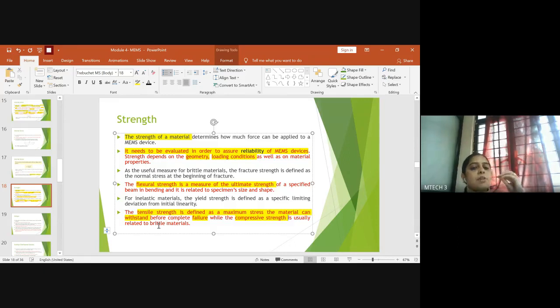If they ask you about the strength, you should be able to tell how you define the strength of a material, what is the need to evaluate the strength of a material, and how it is useful to measure the strength in case of a brittle material as well as a ductile material. How do you evaluate the yield strength? Yield strength comes into picture when it has crossed the elastic limit.